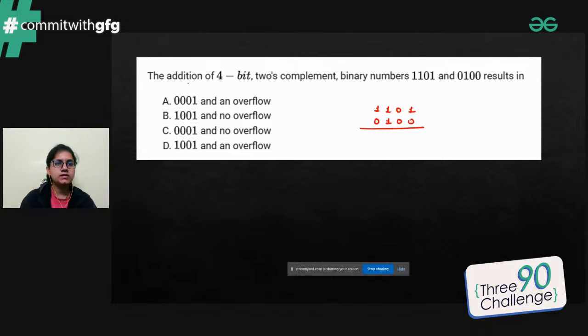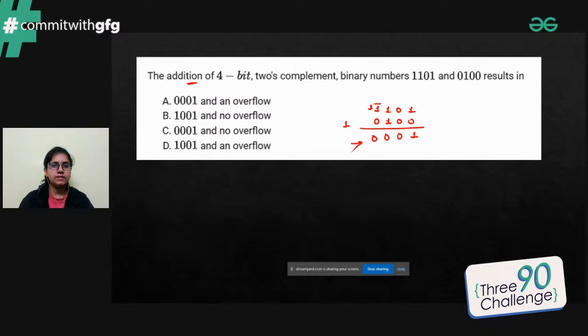They are asking us for the addition. So this is 1, 0, 0, 1, 0, 1. So what is the answer for this?